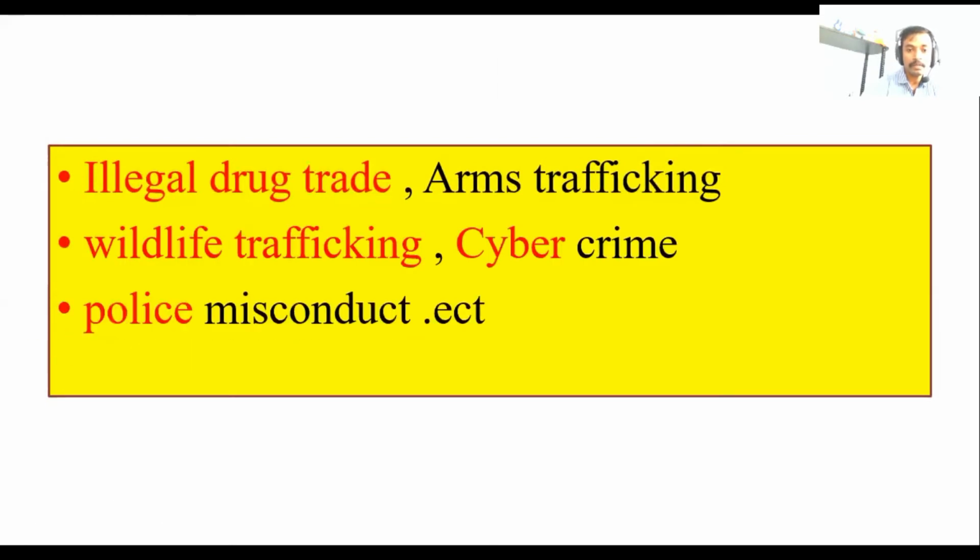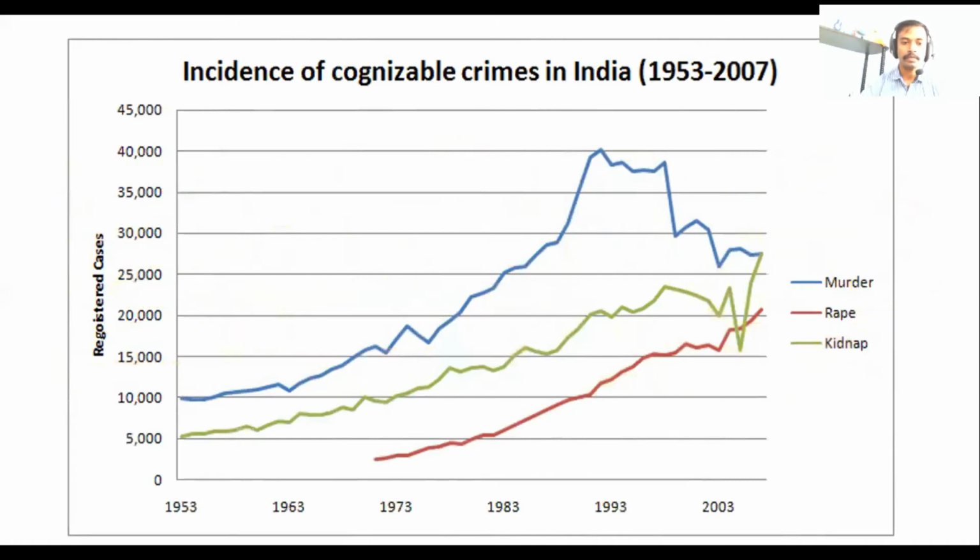Nowadays, cyber crime. Cyber crime means misuse of modern technology, mainly mobile phones, computers, the internet and so on. Then police misconduct. All these crimes exist in our society. Every day we can see them in newspapers. Look at this graph.